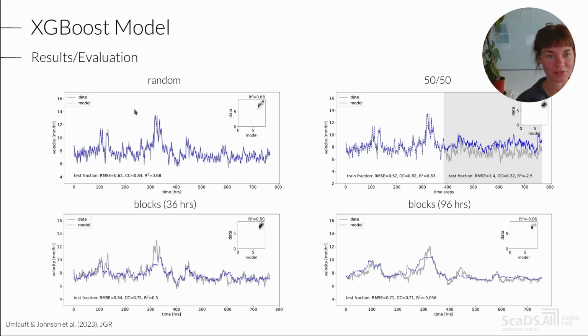However, this is kind of a trivial task because we don't have any prediction horizon here. We simply go from one sample to another, but what we actually want is the longest prediction horizon possible, as we want to predict glacier sliding. What we then did is a 50-50 split to make the task harder, but also to go in the direction of what we're actually interested in, meaning the prediction.